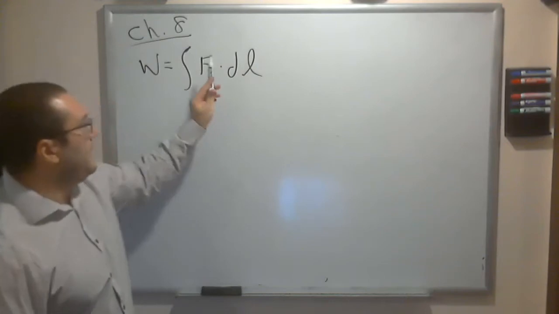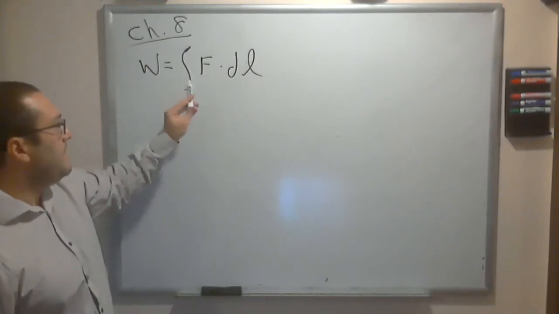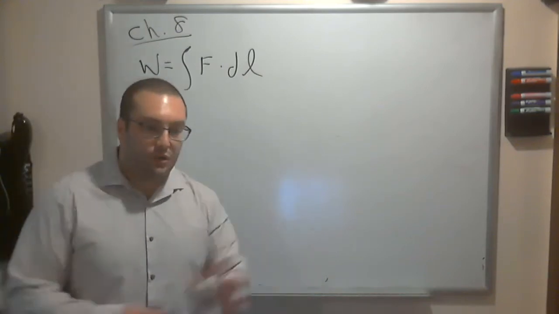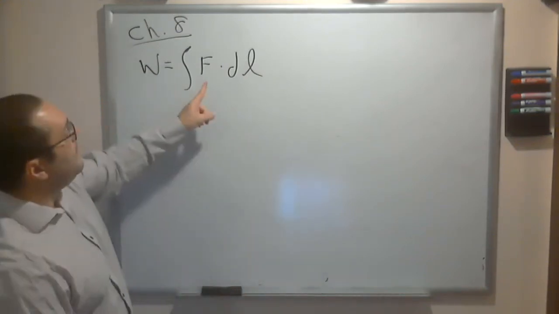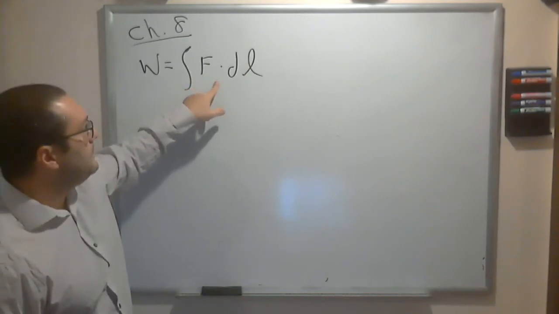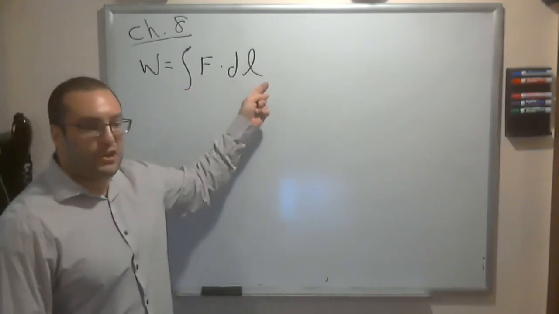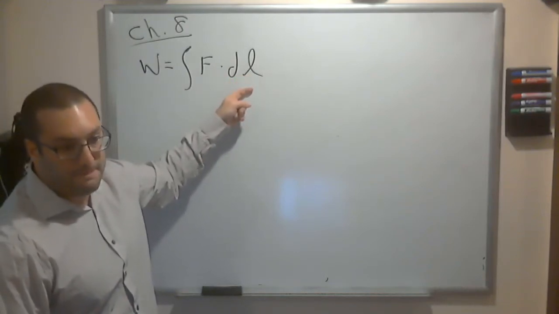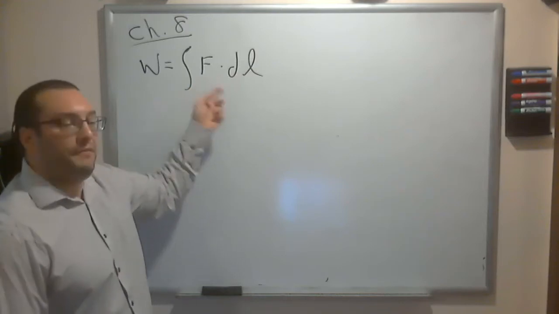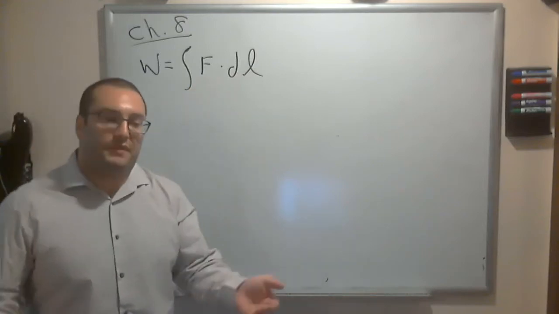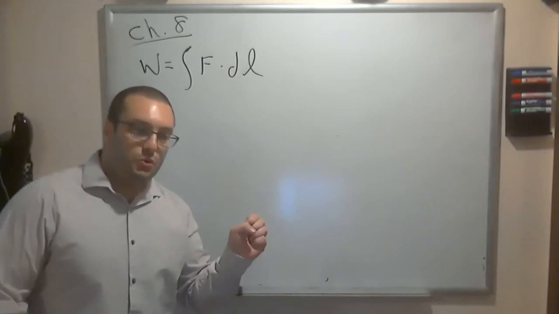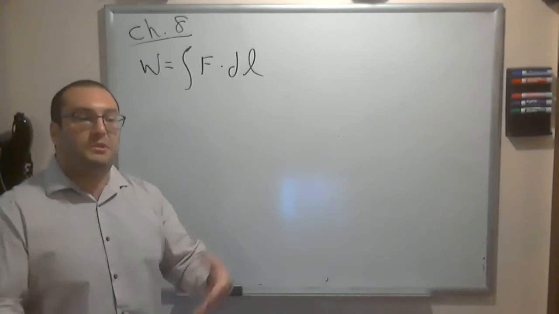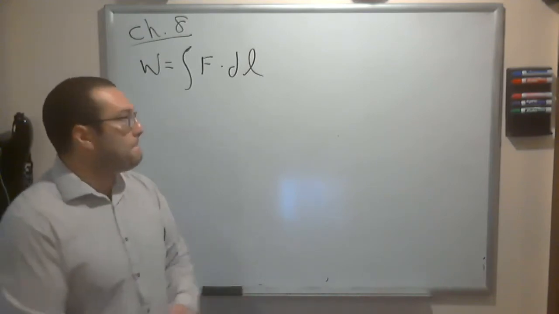What this says, with the dot product, is that the work we do on an object, or the work done by an object, is equal to the force applied in the same direction as the distance that object moves. It really tells you how much of that force is being used to move the object, to do work on the object, to physically manifest something.